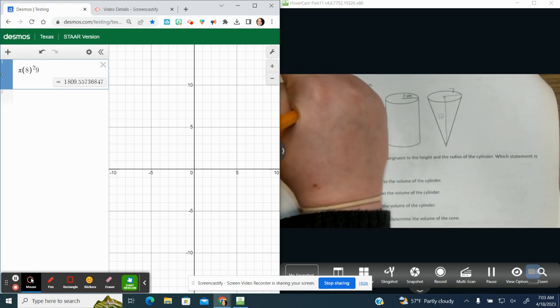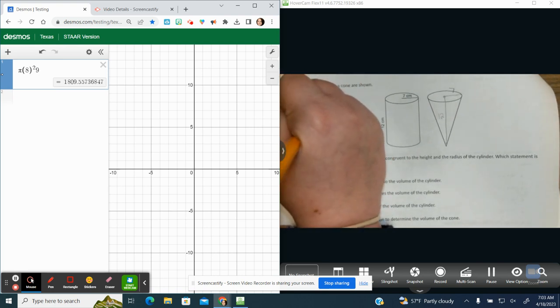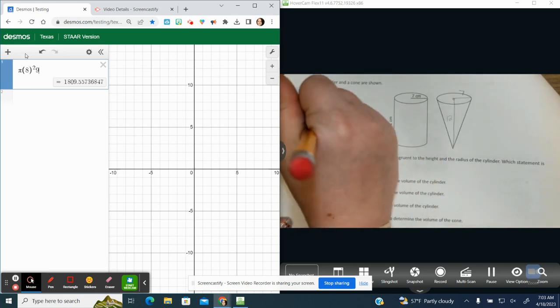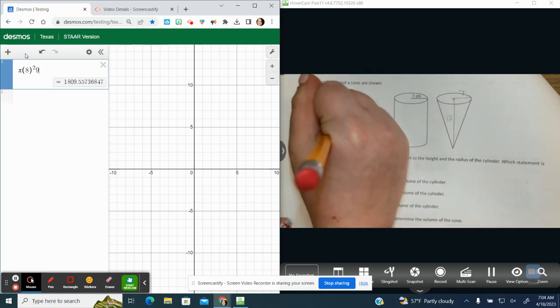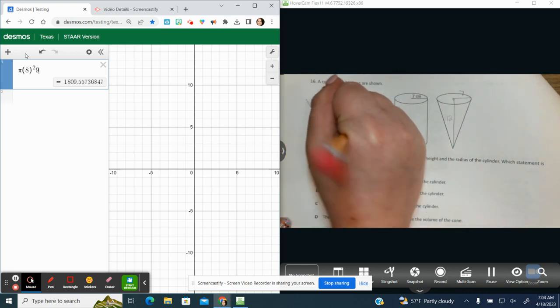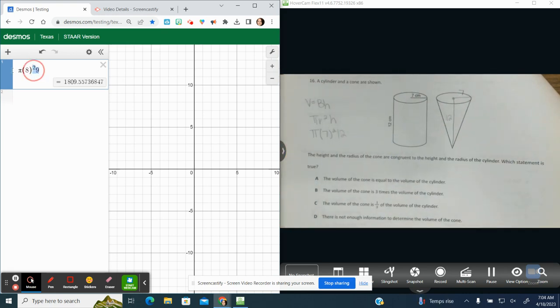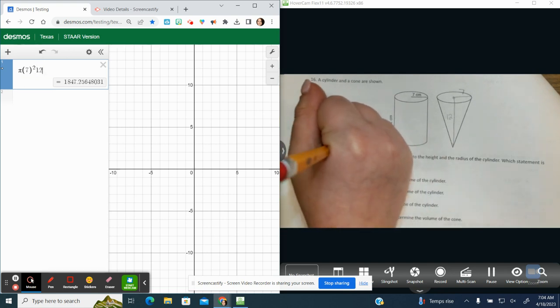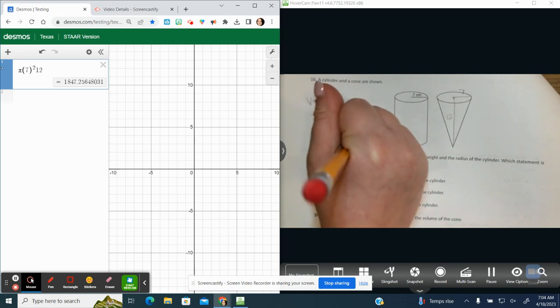So V equals big B h, where we plug pi r squared in for big B. So pi times 7 squared times 12. So 1,847.26.